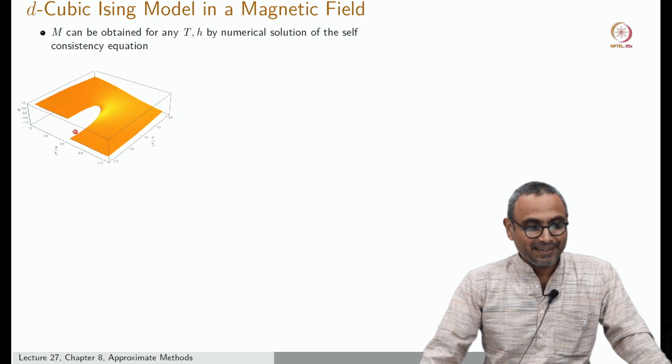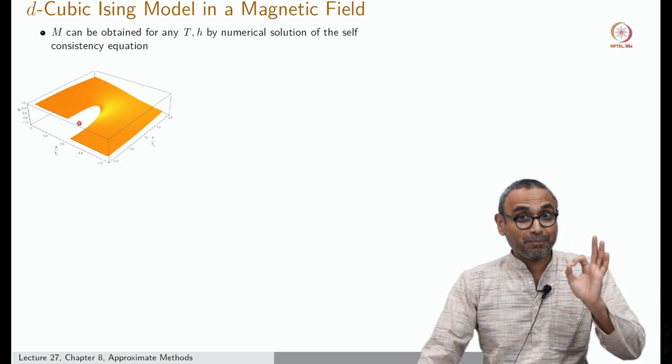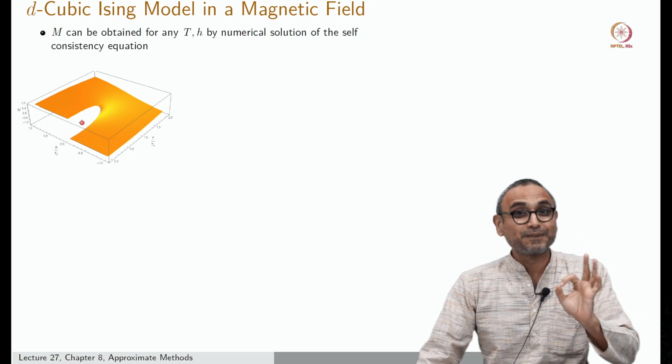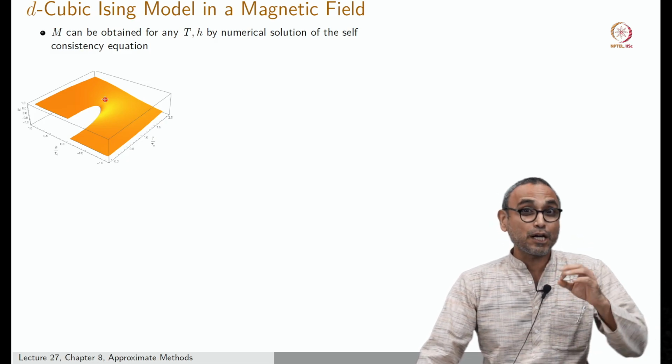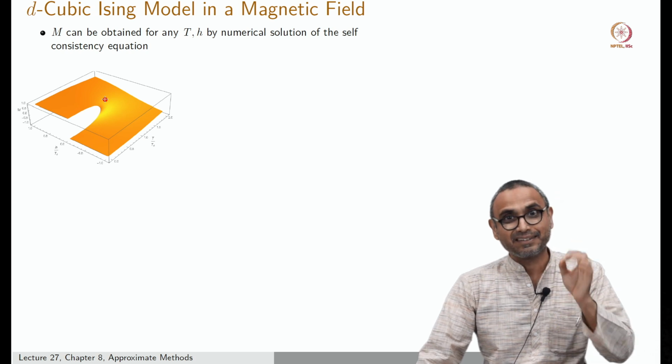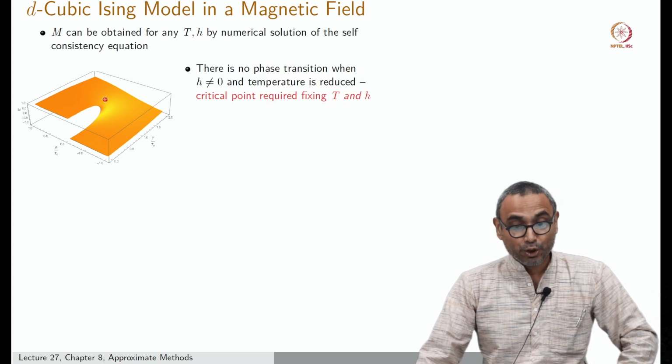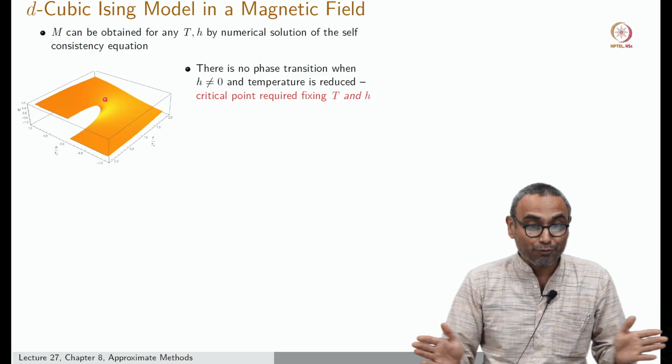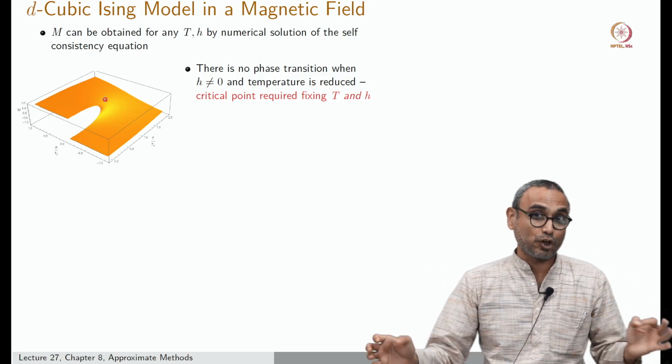And the main observation here is that if I turn on H, keep H fixed, and run temperature, you will find that there is no phase transition when H is non-zero.